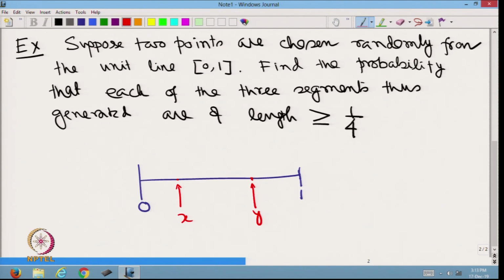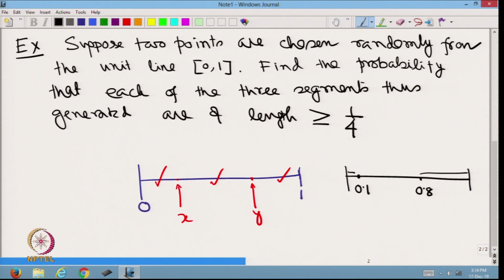We want the probability that these 3 segments are each one of length greater than or equal to 1/4. Say for example, this will not happen in this case. Suppose my first point is 0.1 and second point is say 0.8. Then we can see that this segment and this segment are of length less than 1/4. So, I hope you understand the problem.